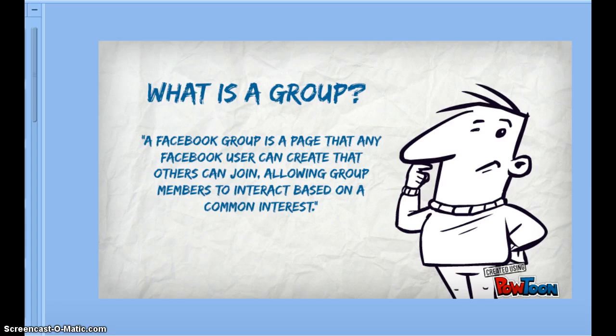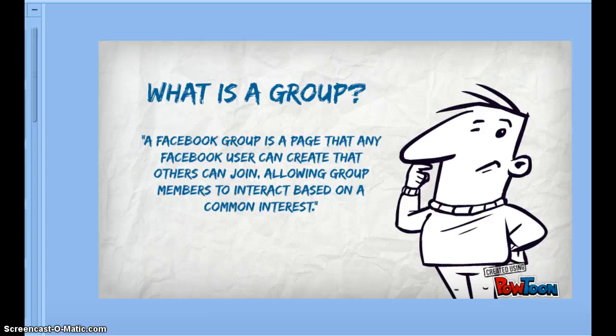Just to get started real briefly, I know a lot of you guys already know what groups are, but if you're absolutely brand new and you've never been on Facebook before, a Facebook group is what it says on the screen here. Basically it's just a person setting up a page dedicated to a specific interest. It could be about anything.